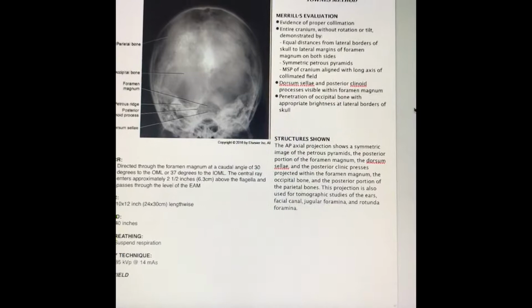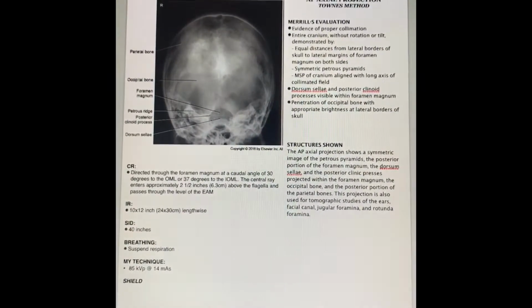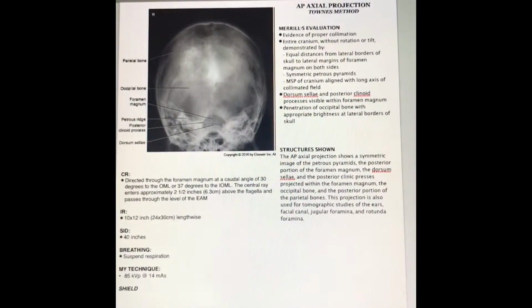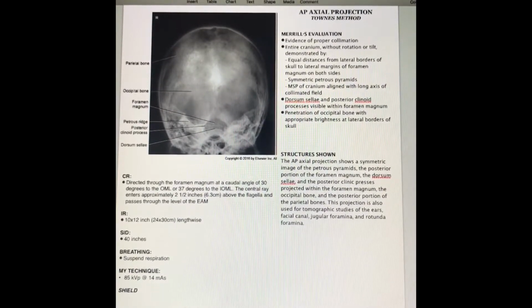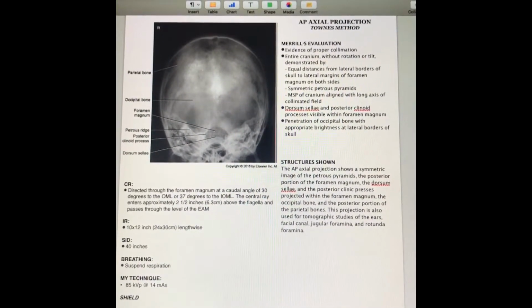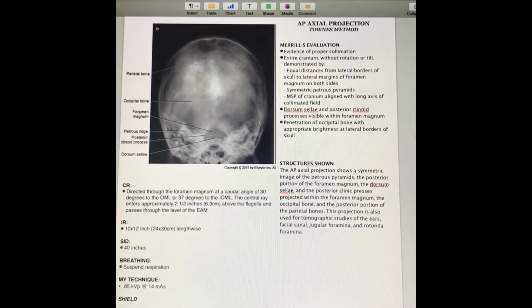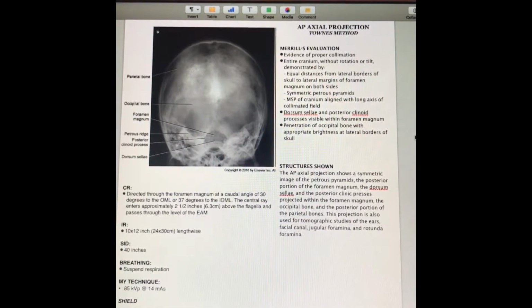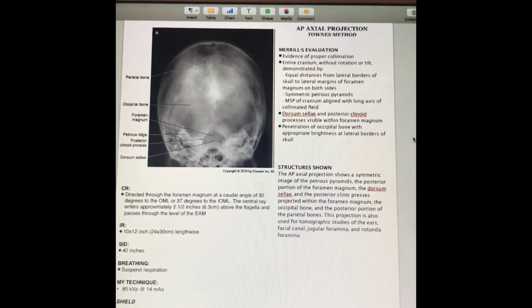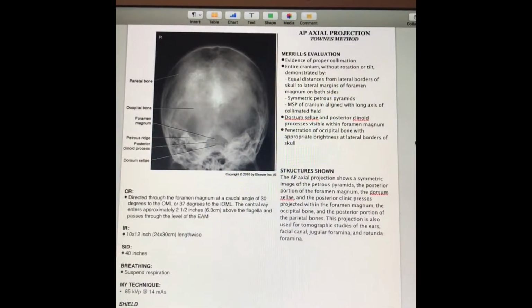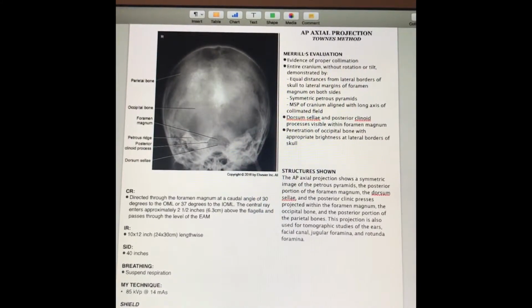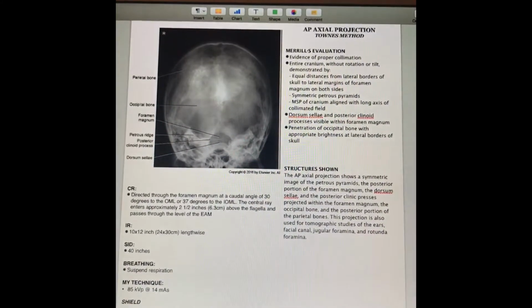The AP axial projection shows a symmetric image of the petrous pyramids, the posterior portion of the foramen magnum, the dorsum sellae and the posterior clinoid processes projected within the foramen magnum, the occipital bone, and the posterior portion of the parietal bones. This projection is also used for tomographic studies of the ears, facial canal, jugular foramina, and foramina rotunda.